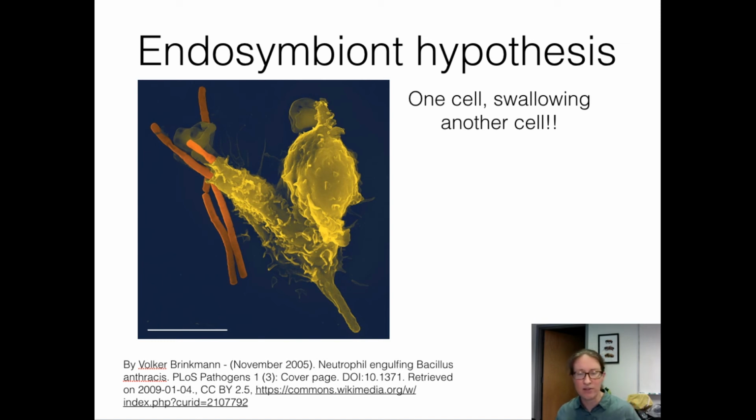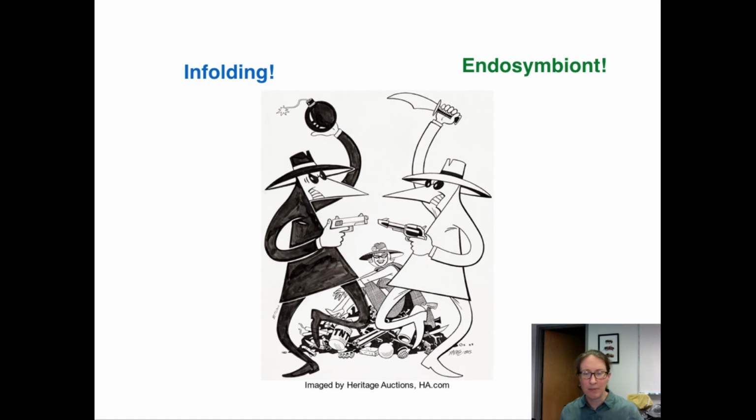That's the idea behind the endosymbiont hypothesis. Maybe the organelles found inside of a cell are ancient other cells that were swallowed and that were kept and passed on. So now, which of those hypotheses do you suppose is correct? Is it the infolding hypothesis or the endosymbiont hypothesis?